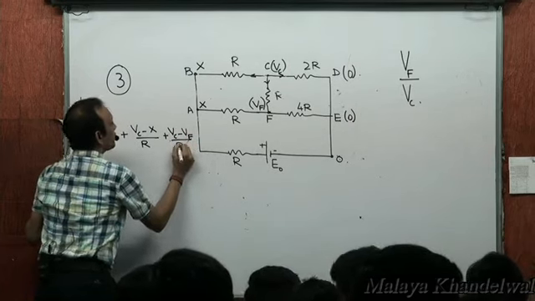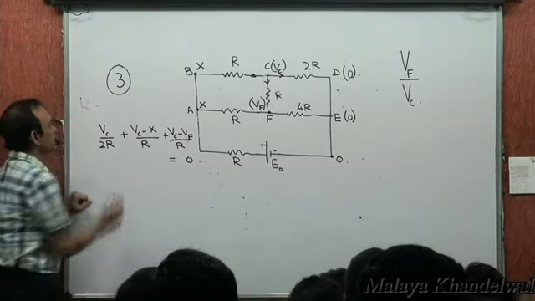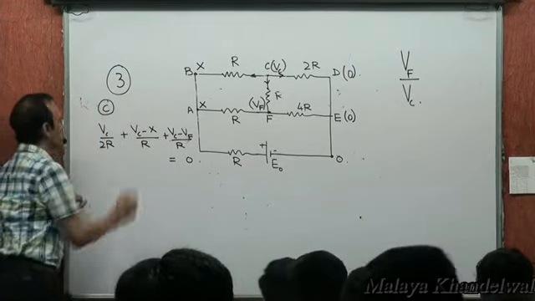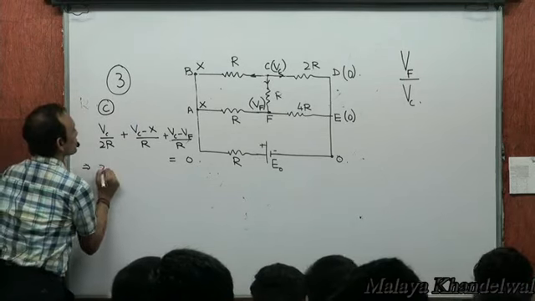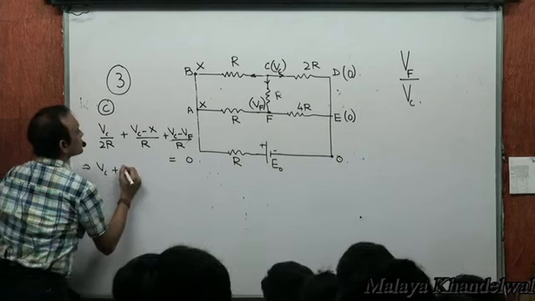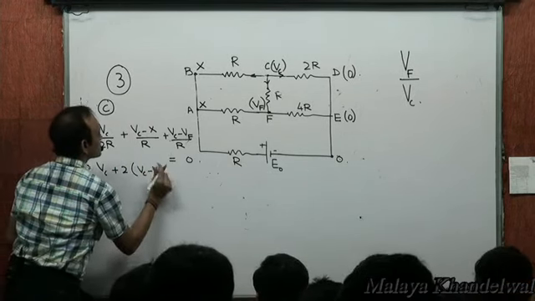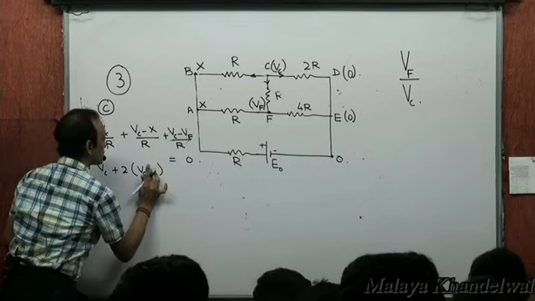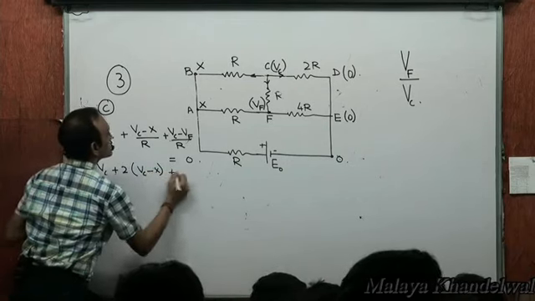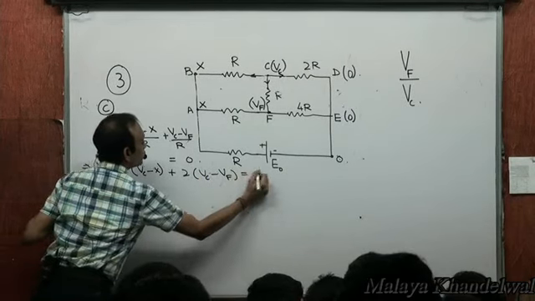By R. And all of this must add up to 0. That's for junction C. Let's just simplify this to we get Vc plus twice (Vc minus X) plus twice (Vc minus Vf) is 0, right?